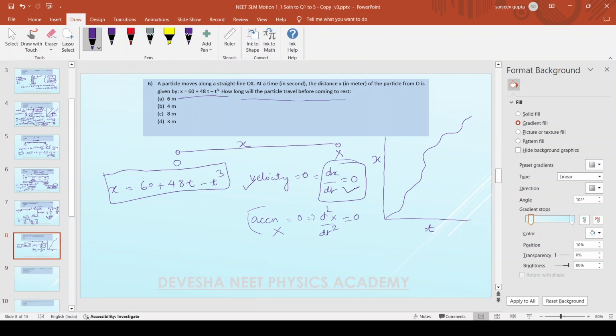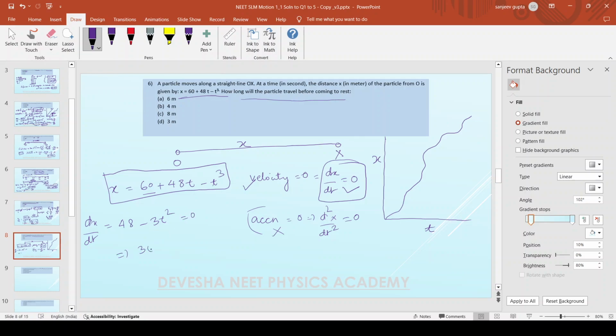So what is dx by dt here? The constant differentiates to 0, so dx by dt is 48 minus 3t square, and this is equal to 0.